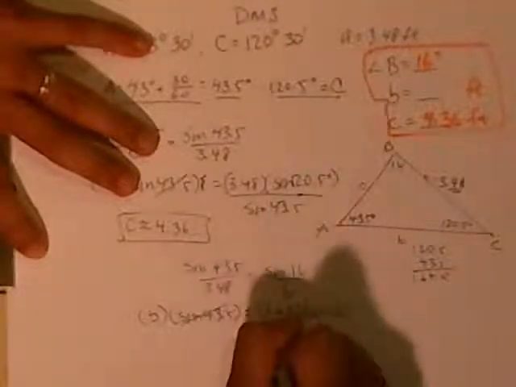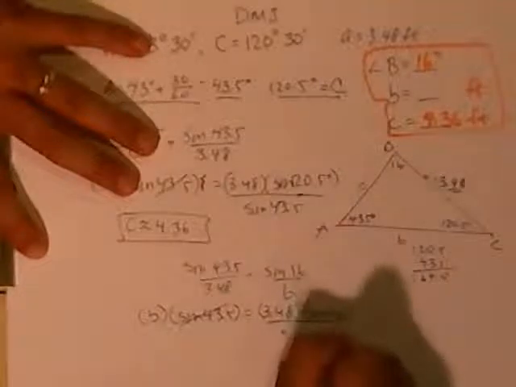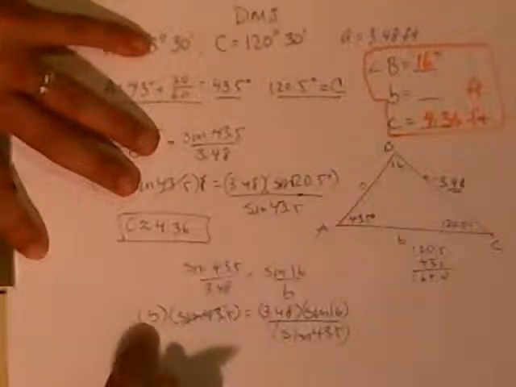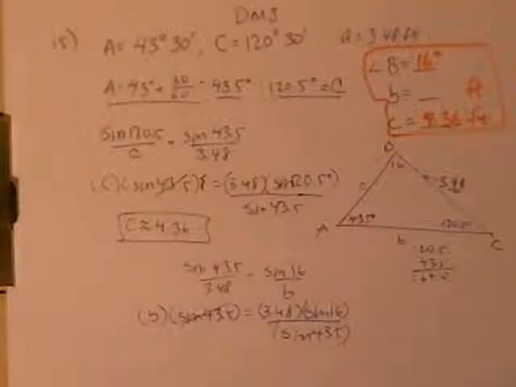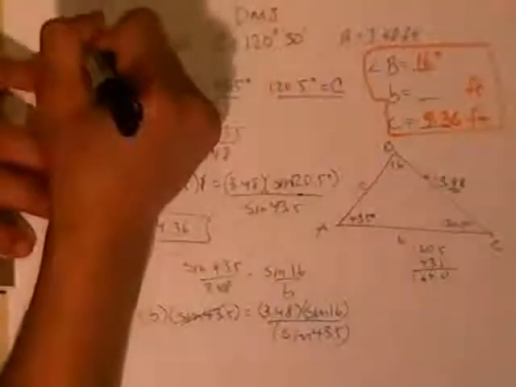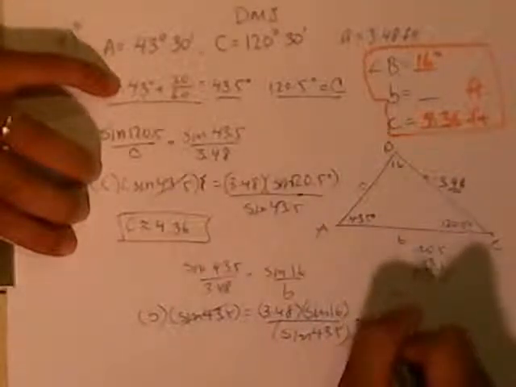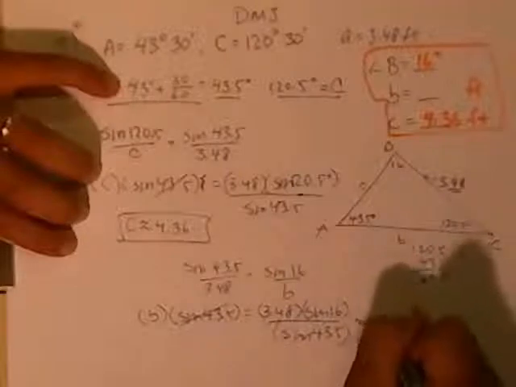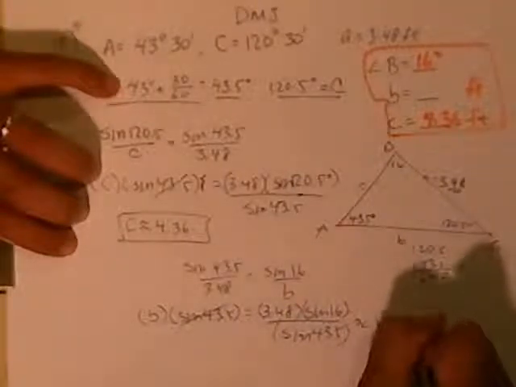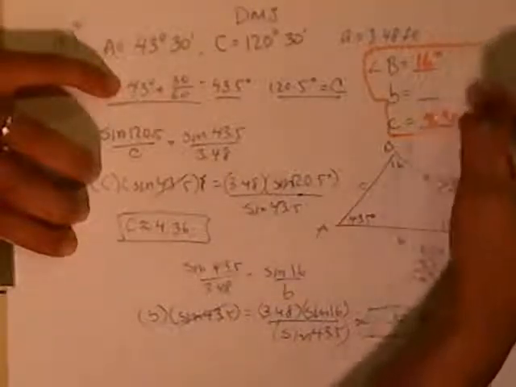And to solve for b, we divide by the sine of 43.5. Using my calculator on this one, it's going to be 3.48 times the sine of 16 in parentheses divided by the sine of 43.5. This is a rather difficult, tedious process, so make sure you can do this one. Take a little bit of time, slow down. 1.39. That's equal to little b.